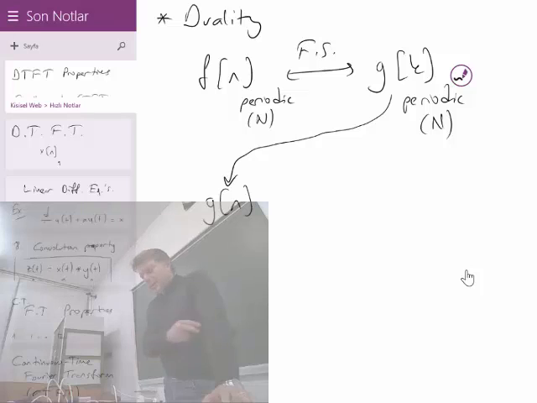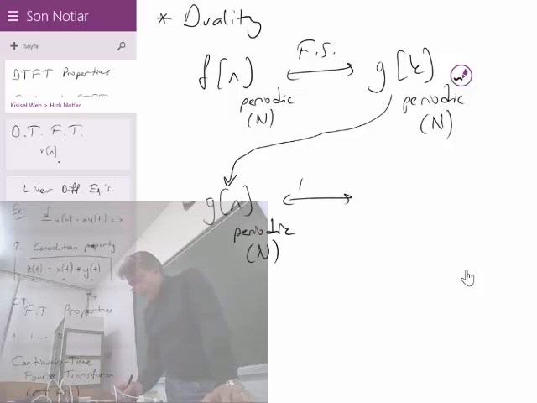Then it's going to be automatically a periodic time domain signal with a period capital N, of course, and the Fourier series coefficients of these ones will be equal to 1 over N times these, which are f of k.